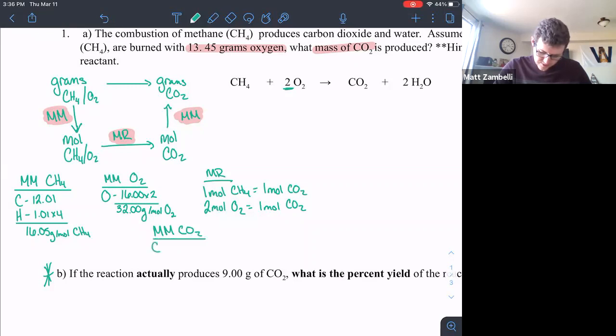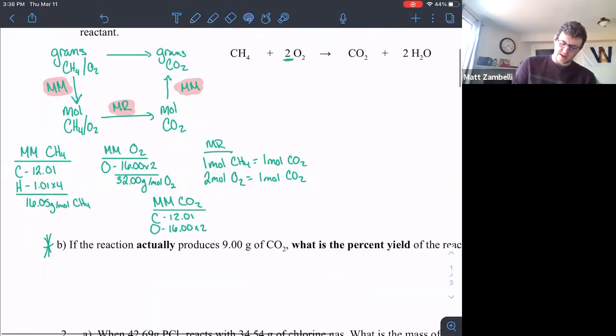All right. We already have both of those, so I'm just going to rewrite them. 12.01 and 16 times 2. What do we get for our molar mass of CO2?